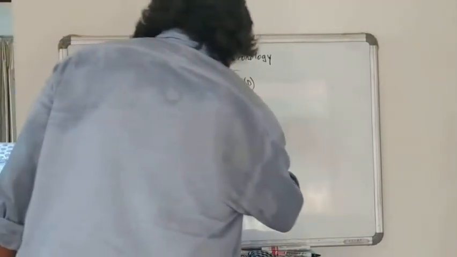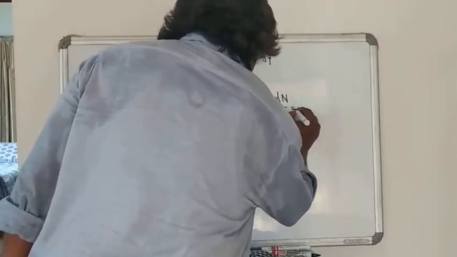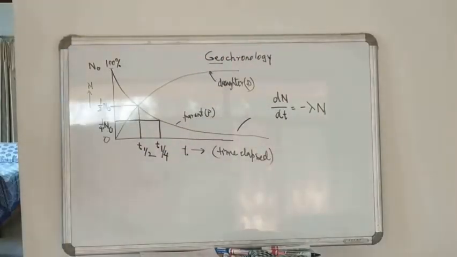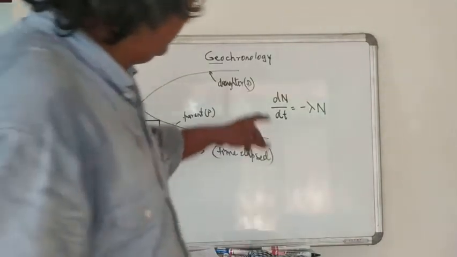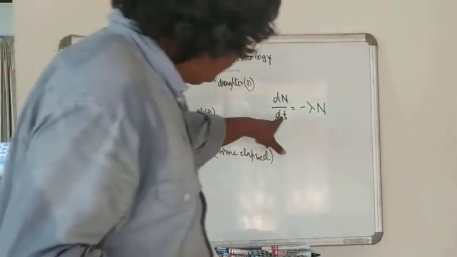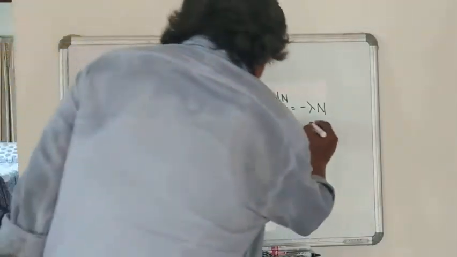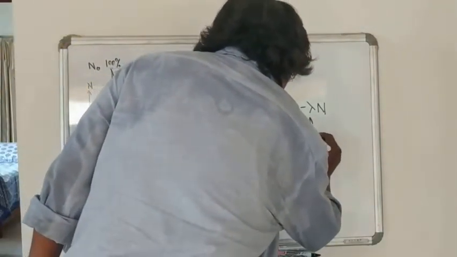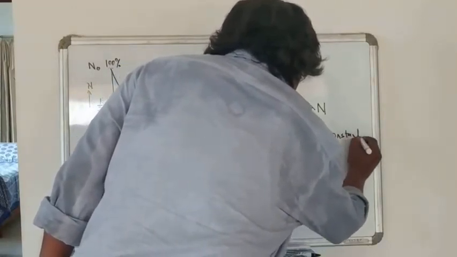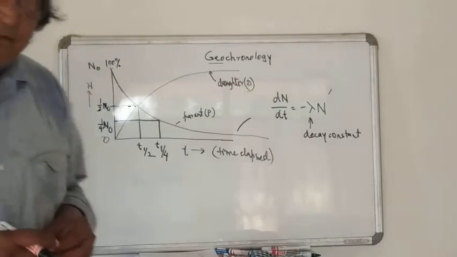Now this curve is given by this very famous equation, which you all know: the change in the number of parents by time, the first derivative, is equal to minus lambda N, where lambda is called the decay constant and N is the number of parent atoms still remaining.